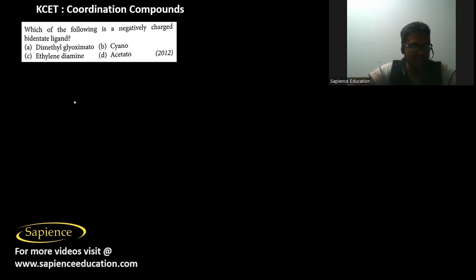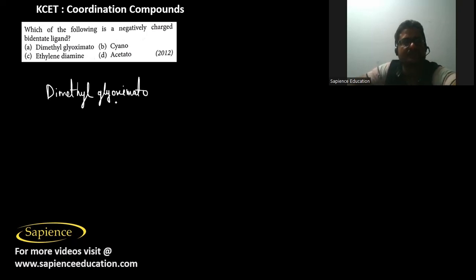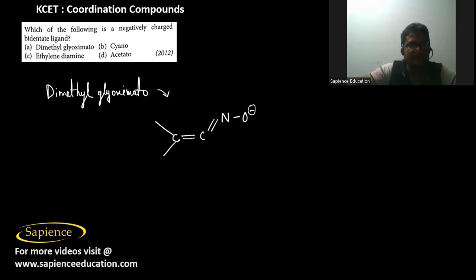Dimethylglyoximato, its structure is like this. It is called dimethylglyoximato.